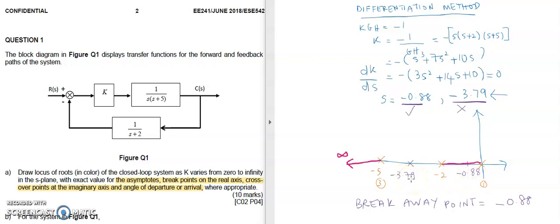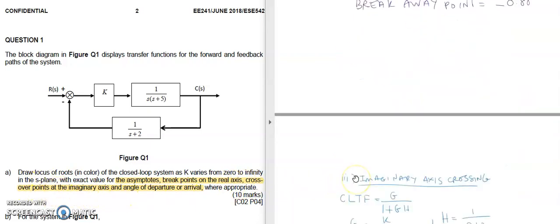The breakaway point should be located on your root locus line. In this case, you plot the root locus line based on the 5 basic rules and 3 additional rules. So -0.88 will be the breakaway point, not -3.79.